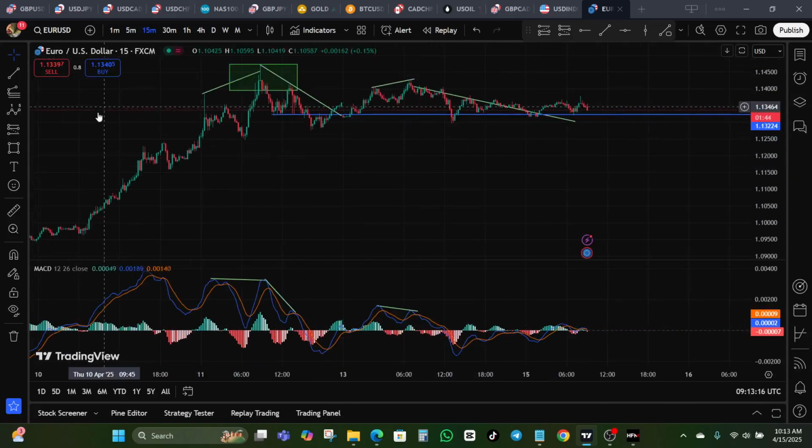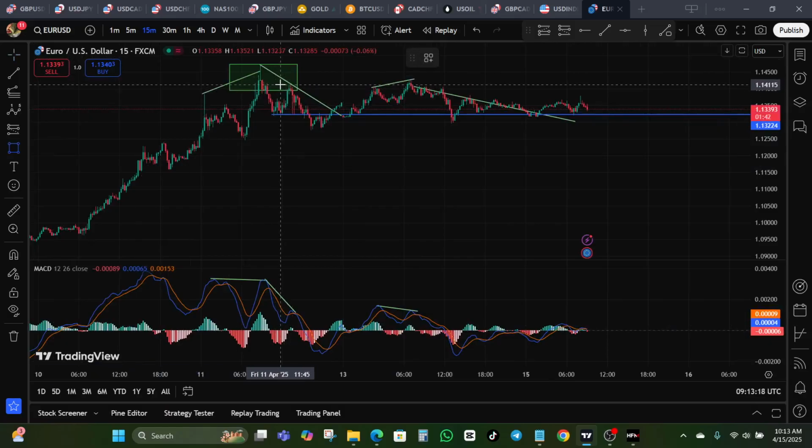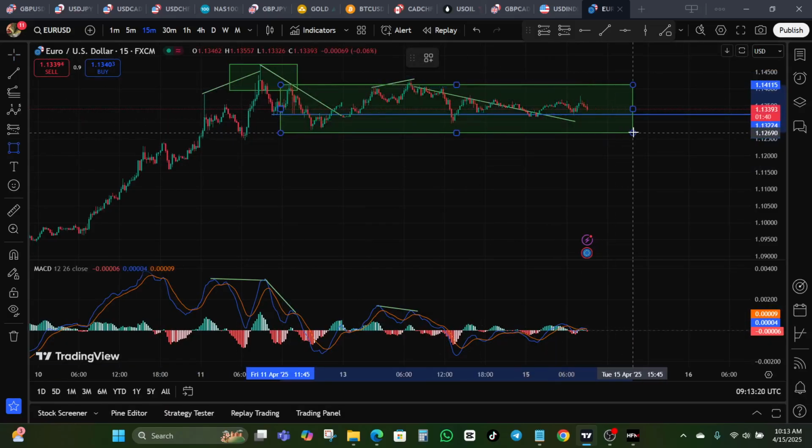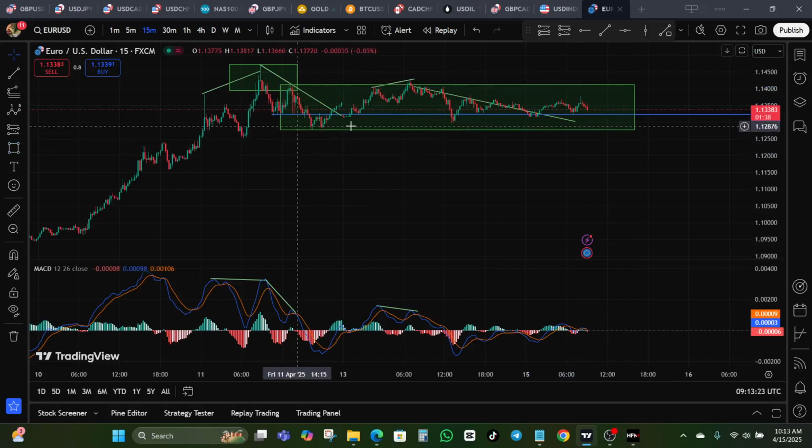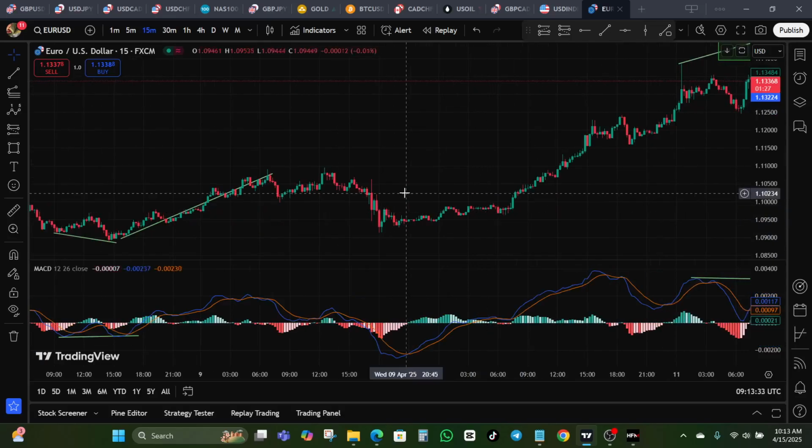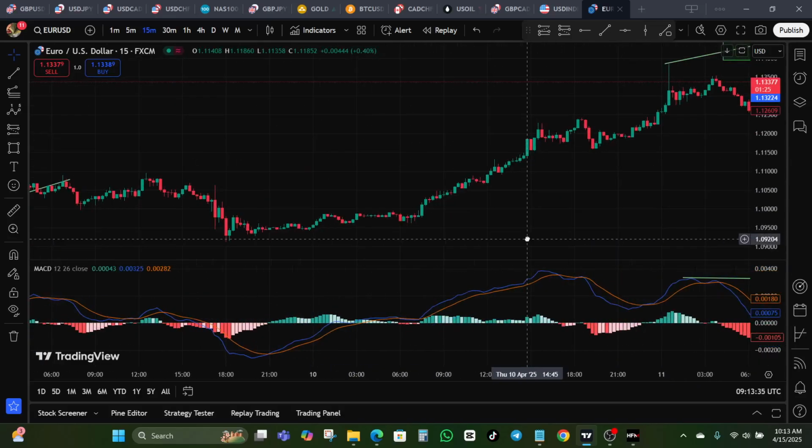This is a consolidation phase that we're having around here. In my opinion, you should just stay out of the market if you notice a consolidation like this. You want to have a clear direction, so let's look for a better example where we had a clear direction.